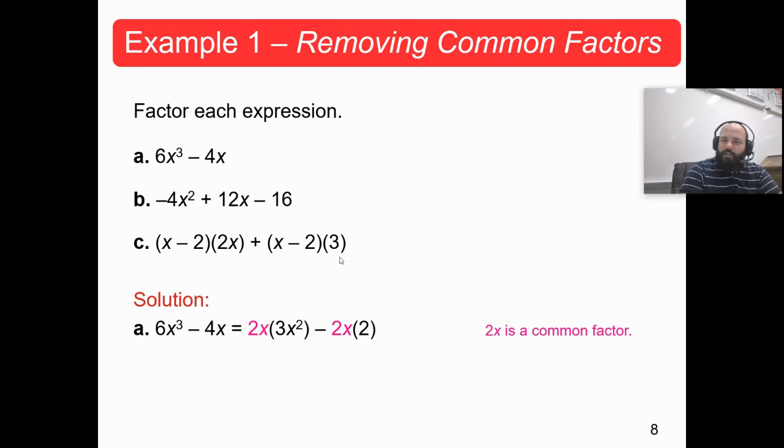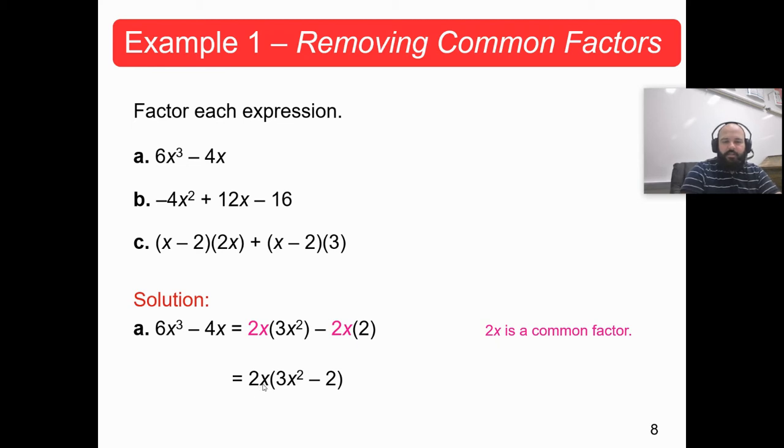Now, you can double check that you did this correctly by multiplying these two together. 2 times 3 is 6, x times x squared is x cubed, and then 2x times 2 is 4x. So indeed, we get the same thing. The last thing to do would be to take the 2x out and put what is left in its own set of parentheses.